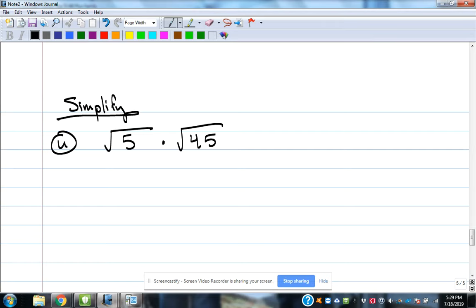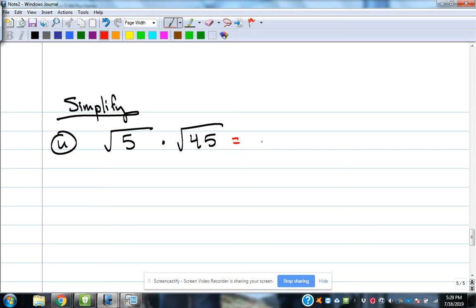And the thing that I'll tell you is it's better to simplify last. Don't try to simplify at the beginning, because square root of 45 will simplify, but I don't think it helps you to simplify it now. It'll help you more to simplify at the end. So let's do the math of multiplying them together first, and then we'll do something with what's left.